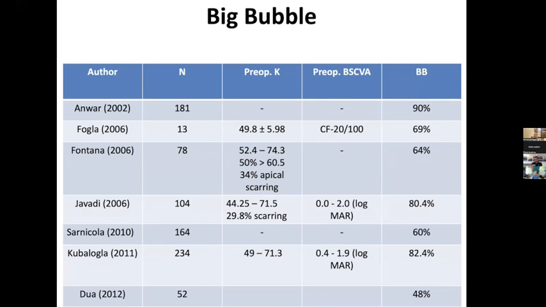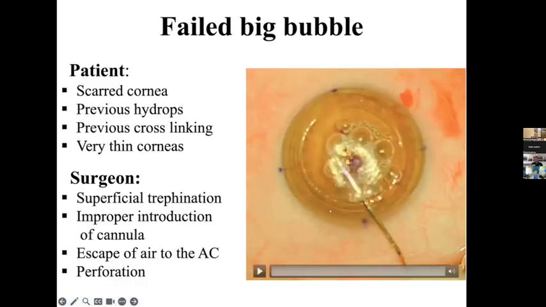So now most cases of keratoconus are managed by either cross-linking or ICRs, and DALK is reserved only for very advanced cases. In these advanced cases, the rate of big bubble formation is much lower. Now if we are looking for a big bubble, we will only find it in less than 40% of the cases. So we must have a backup technique as an alternative to the big bubble.